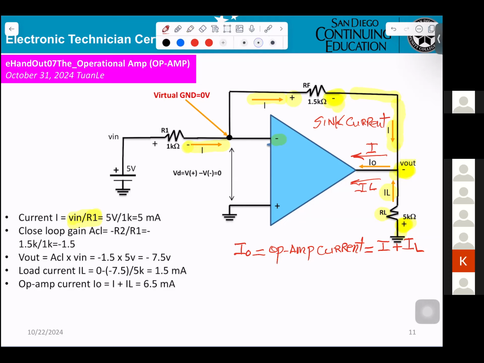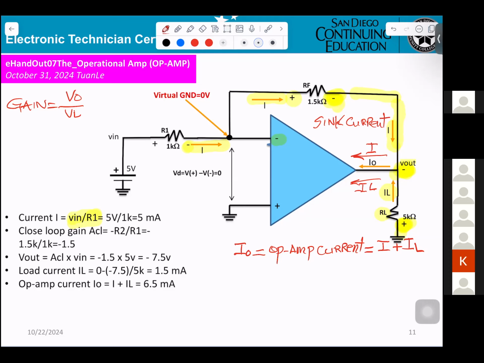Now, the definition of gain: the ratio between Vout and Vin.